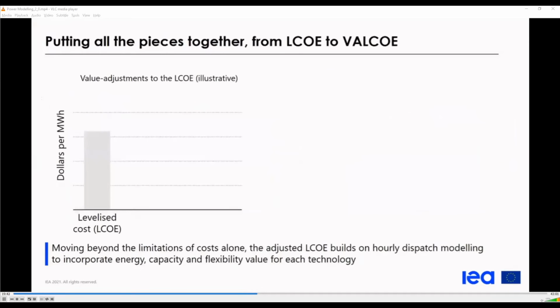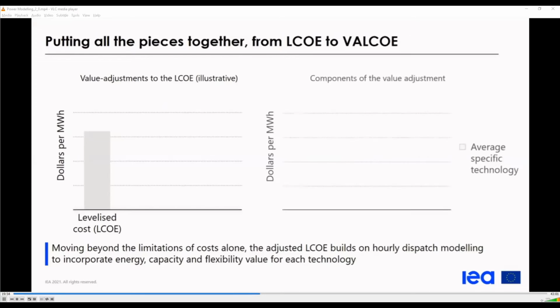Now, how do we put all the pieces together? For a particular technology, we start with the LCOE. Then we simulate in a given year the energy value for this technology. We do that for all technologies, so we are able to compare to the average energy value of the system.